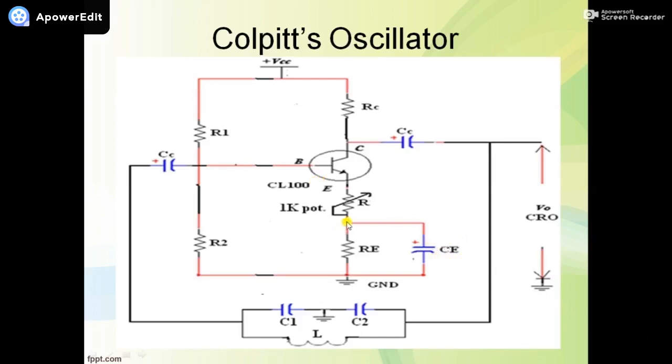Whatever unwanted AC signal is coming at the emitter terminal, with the help of this emitter bypass capacitor we can send this unwanted AC signal towards the ground terminal. So this is about the operation of the Colpitts oscillator circuit.